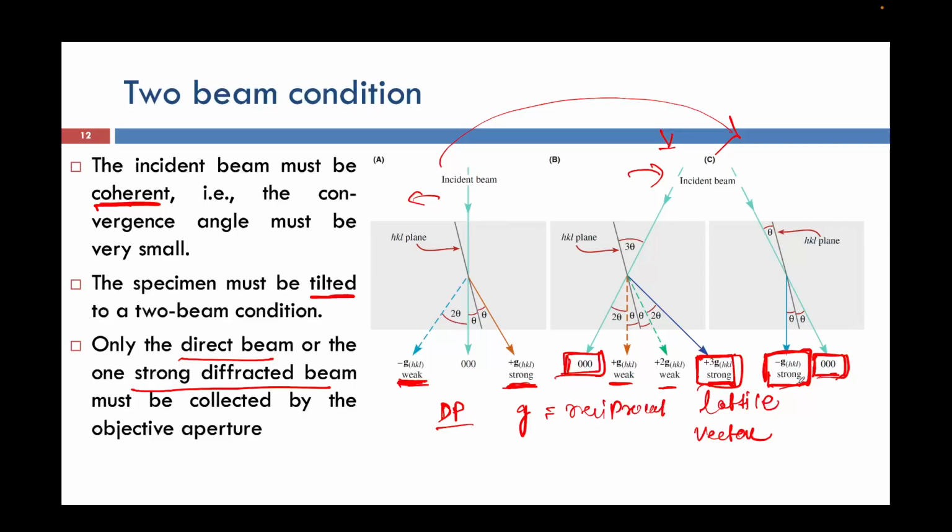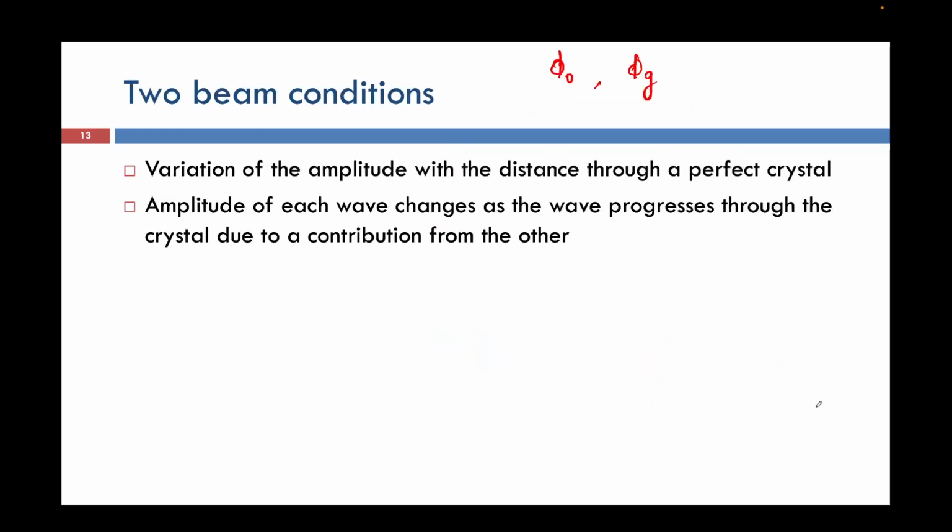So if I want to quantify the amplitude of my direct beam and one diffracted beam, then I have to follow a certain set of equations, so that I can quantify this amplitude.